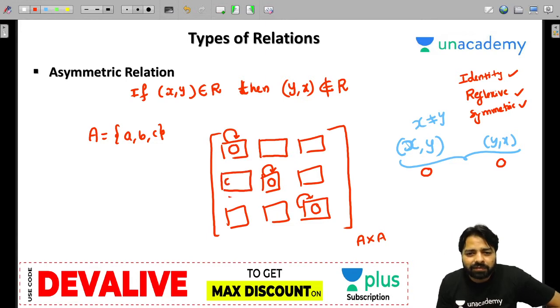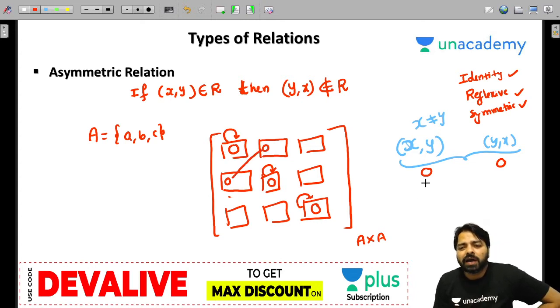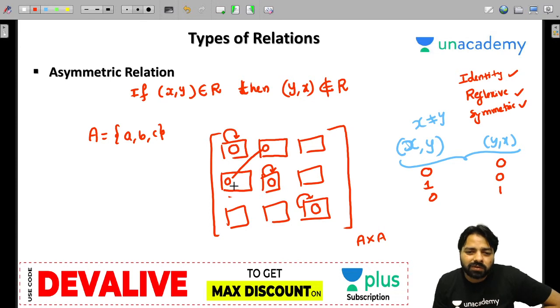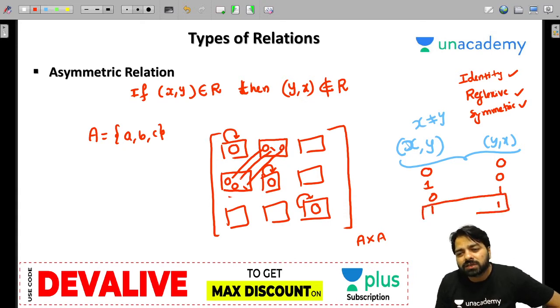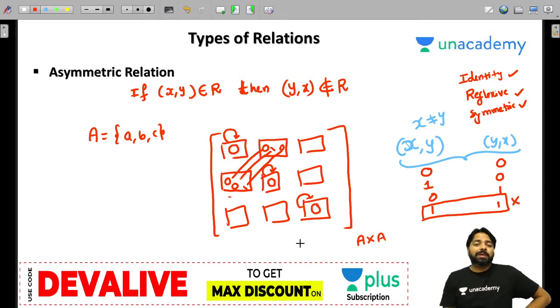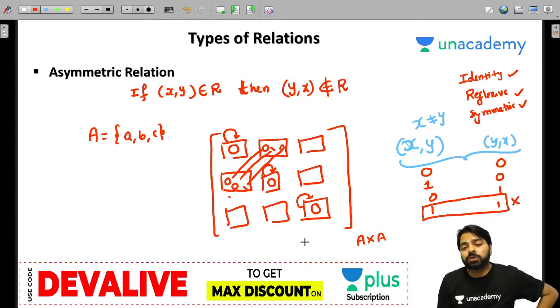So I can have 0, 0 for both of them, or one is present and the other is absent, like 0, 1 or 1, 0. But both 1 never happens, because if one element is present, the other symmetric one should not be present.